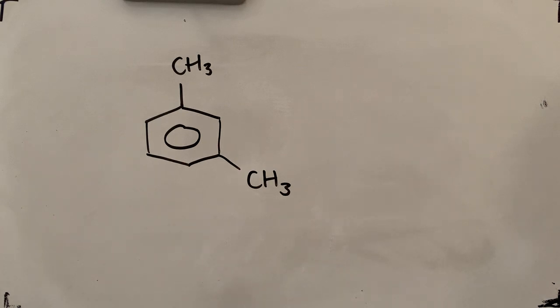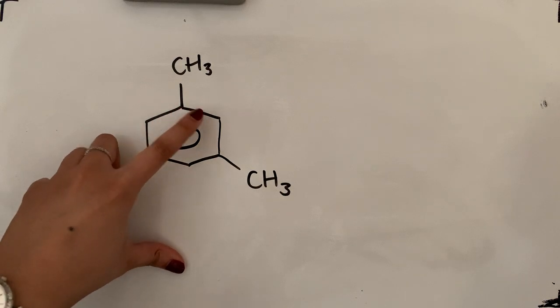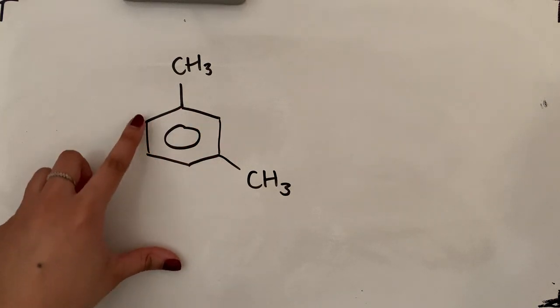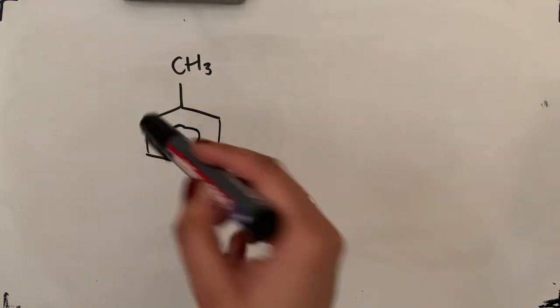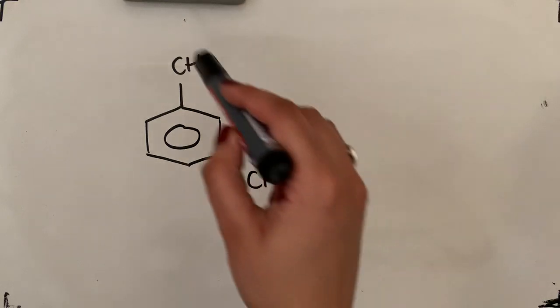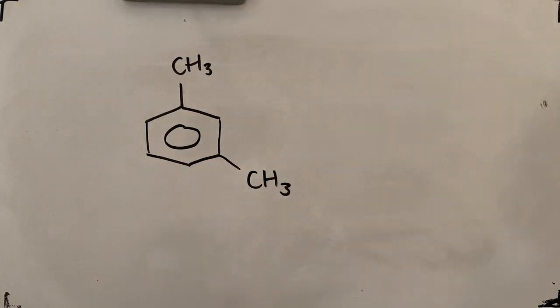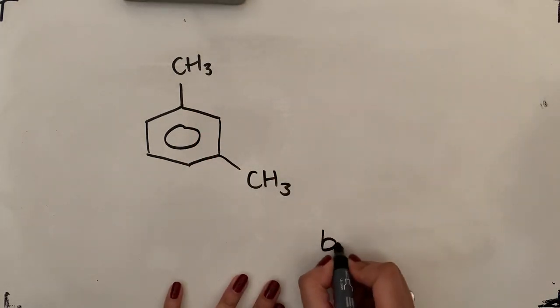So what we're going to have to do is number the carbon atoms in our benzene ring. That's important. It will tell us which number carbon we find those substituents on. In this one, we've got a benzene ring. That's going to be our parent. We've got our methyl groups. They are our substituents. So it's going to end in benzene. It ends with the parent name.